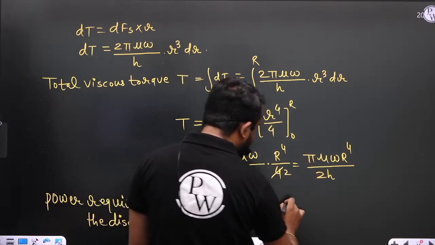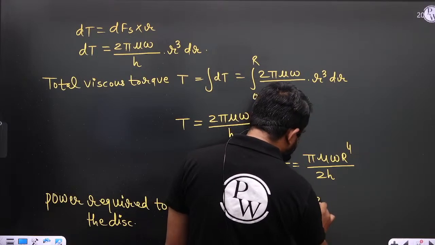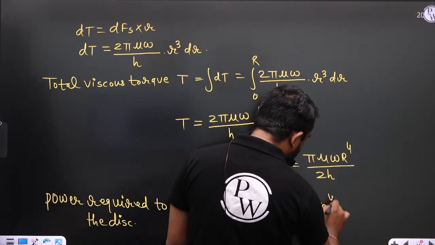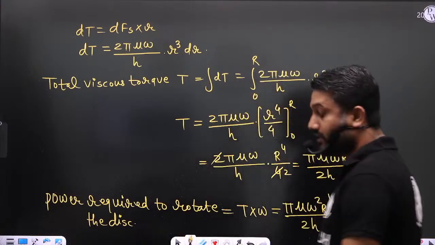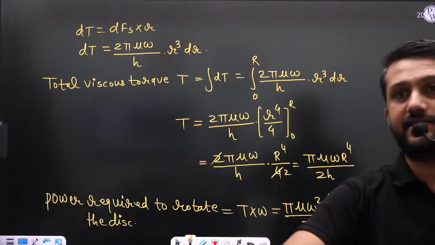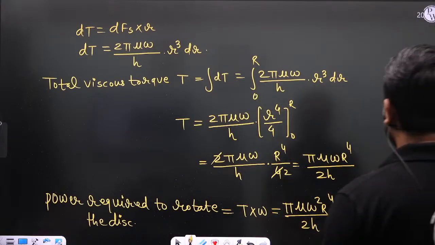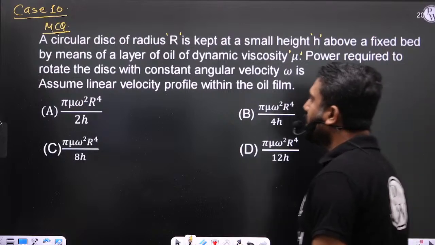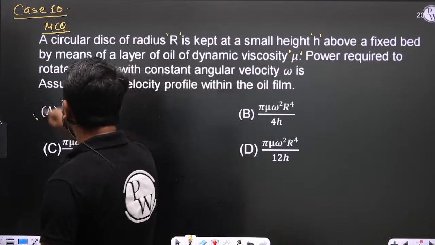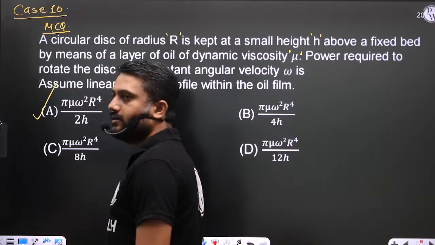So this becomes pi mu omega square r to the power 4 by 2h. This is the viscous power, or the power required to rotate the disc. So this is the correct answer.